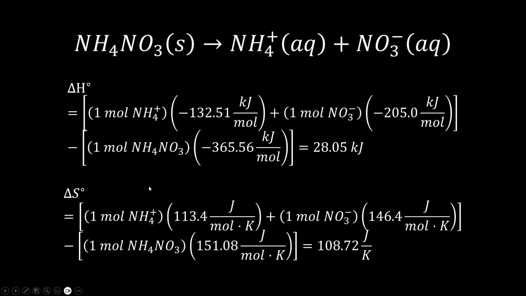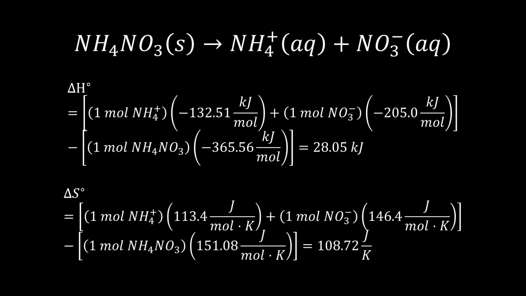Values of entropy tend to be very small. That's why we usually see them in joules per Kelvin or joules per mole Kelvin. We'll do the same exact thing that we did for enthalpy, but we'll do it for entropy, where the standard value for entropy of ammonium ion is 113.4 joules per mole Kelvin. And we'll multiply that by 1 mole of ammonium ion. We'll then add to that the product of 1 mole of nitrate times 146.4 joules per mole Kelvin.